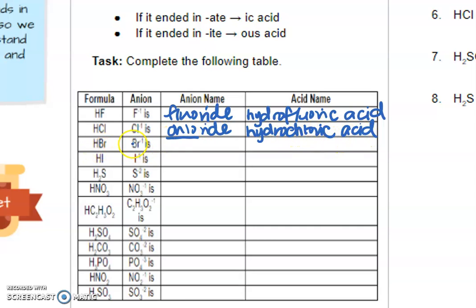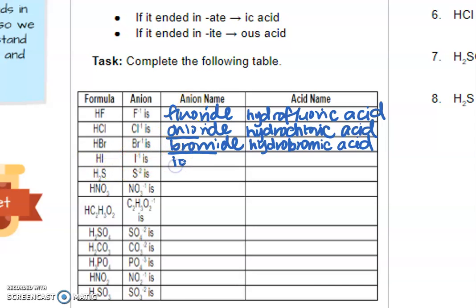HBr, what I'm thinking is, what is Br minus 1 called? Bromide. Again, no oxygen. So hydro, then the root here, hydrobromic acid. If there was oxygen, we would name it differently, and we'll practice that in a minute. HI, no oxygen. What's I-1 called?